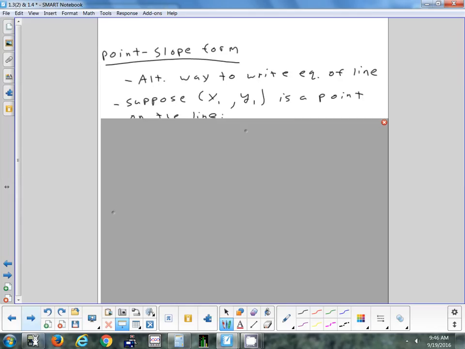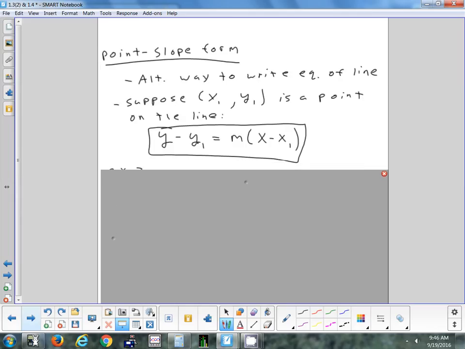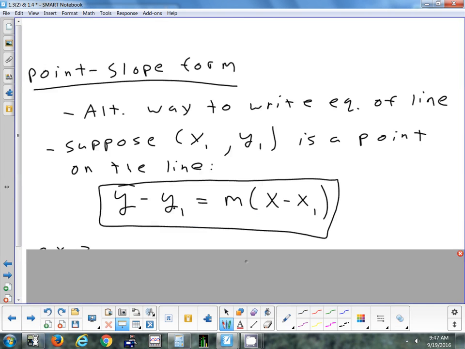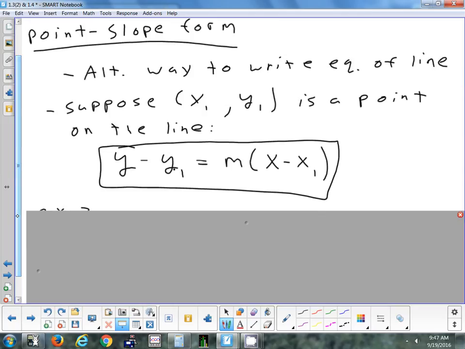Okay, another form of the equation of a line instead of slope-intercept is called point-slope. We don't use point-slope as much, but it is used. And it's very helpful if they give you a point and a slope and you want to find the equation of a line.